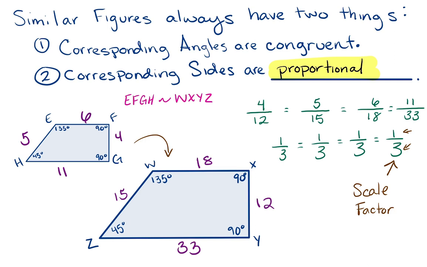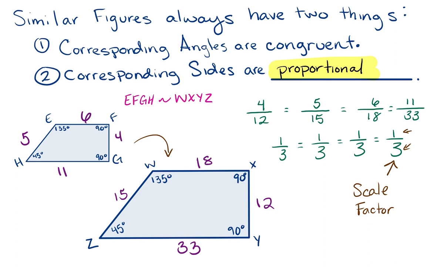Okay, so I know from looking at this statement that angle E and W are corresponding, F and X are corresponding, G and Y are corresponding, H and Z are corresponding.